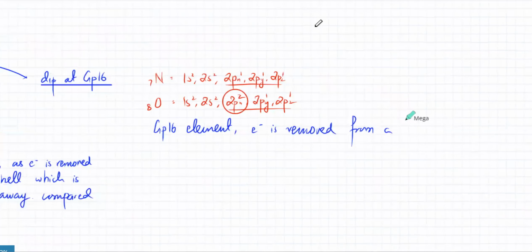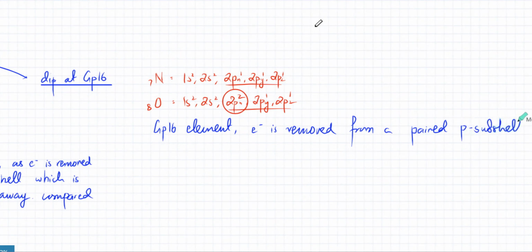And because of that, this mutual repulsion is known as spin pair repulsion. Due to spin pair repulsion, it is easier to remove electrons.